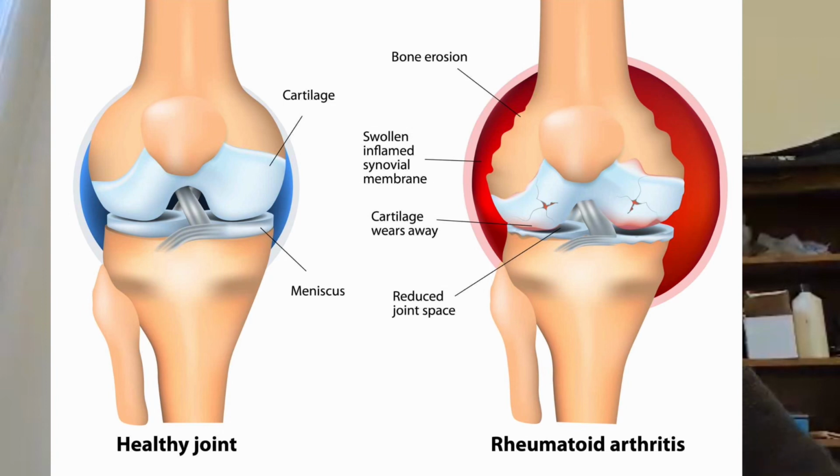The joints become swollen, tender, often red and painful, or difficult to move. Over time, if unresponsive to treatment, rheumatoid arthritis can lead to the degradation of cartilage, bone, tendons and ligaments, which can lead to disability and deformity.